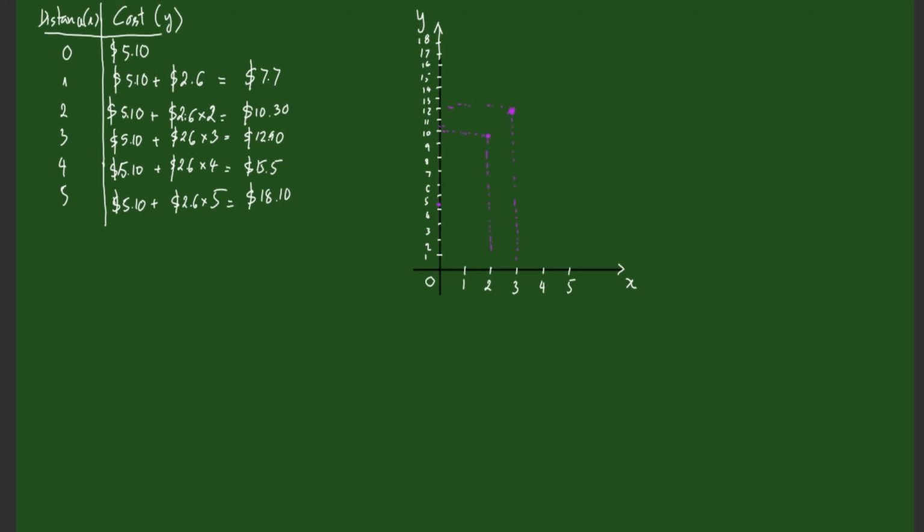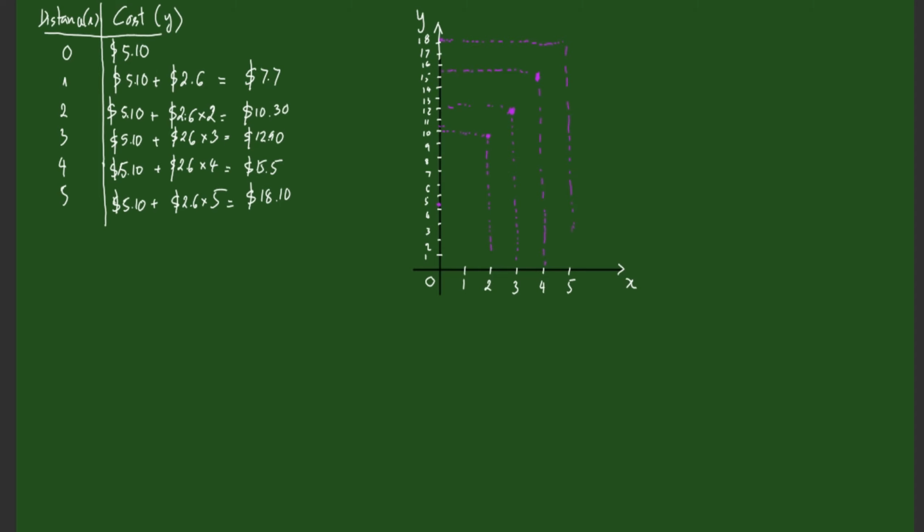Okay. And for 4 we have 15.5, so 15.5 is around that much. Okay, so right here. And for 5 it is 18.10. So here you go. This is for 5.